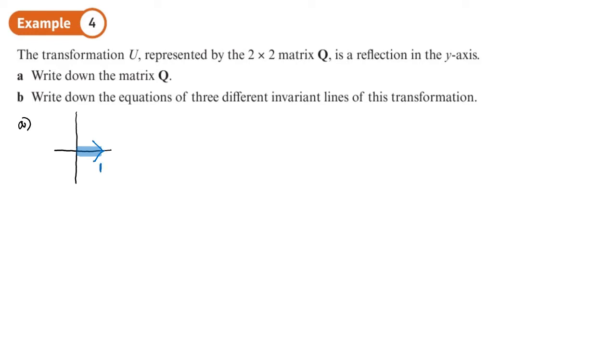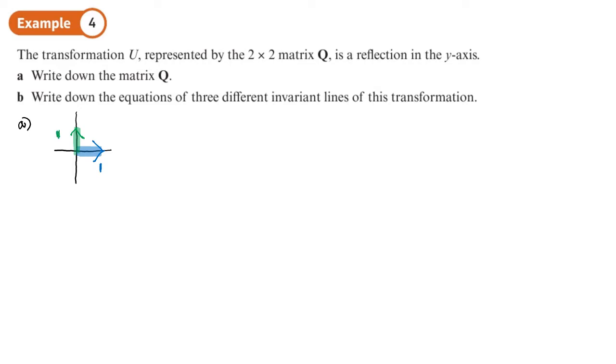And in a different color, this is going to represent 0, 1. So that's the point 0, 1. And I want to see where those points have gone.